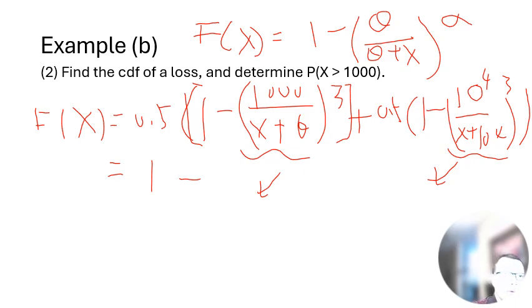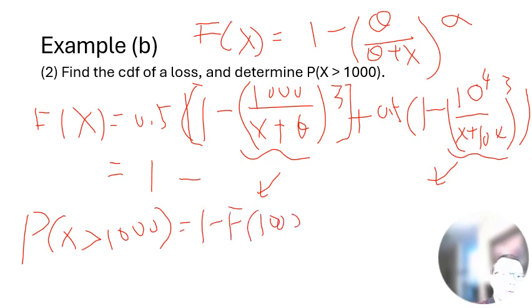After that we will put in the x greater than 1000 and calculate this. So we put 1000 in the place of x, then calculate the result.